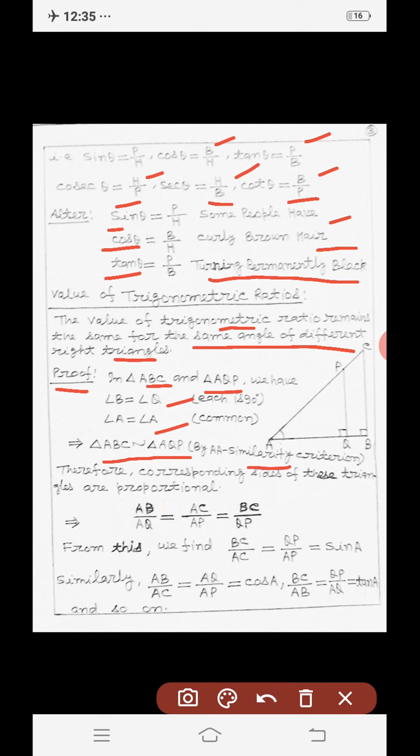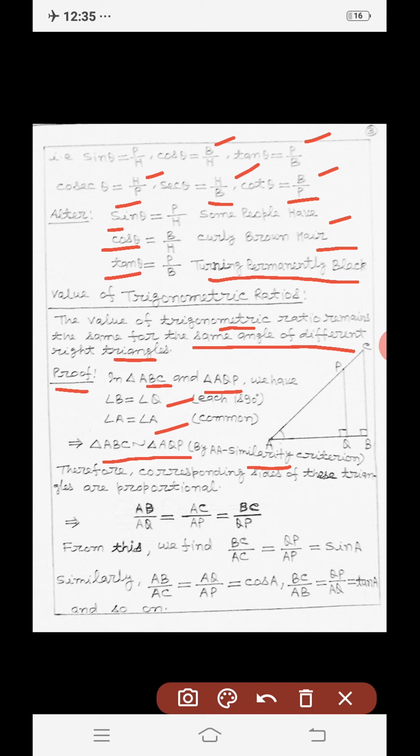Here we find three relations. One is AC by AP is equal to BC by QP. Second is AB by AQ is equal to BC by QP. And third is AB by AQ is equal to AC by AP.